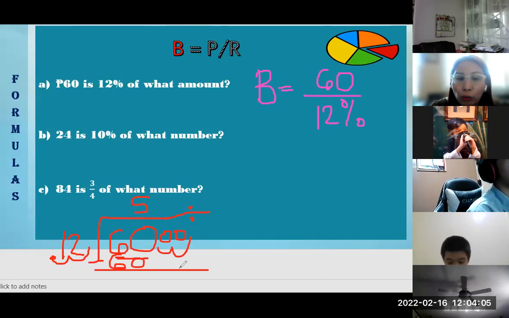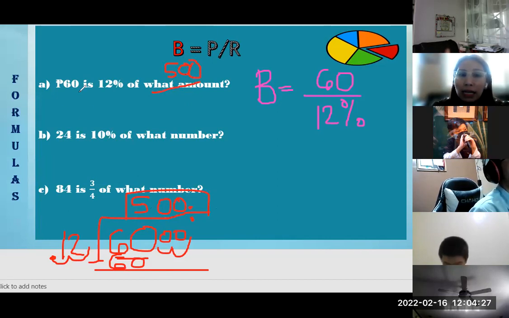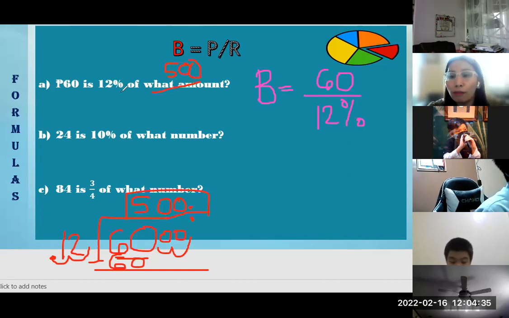Now, what are we going to do with the 2 zeros? 2 zeros must be placed on top kasi wala nang number or integer that is higher than 0. So, 500 na yung answer. Let's analyze 500 here. 60 is just 12% of 500.